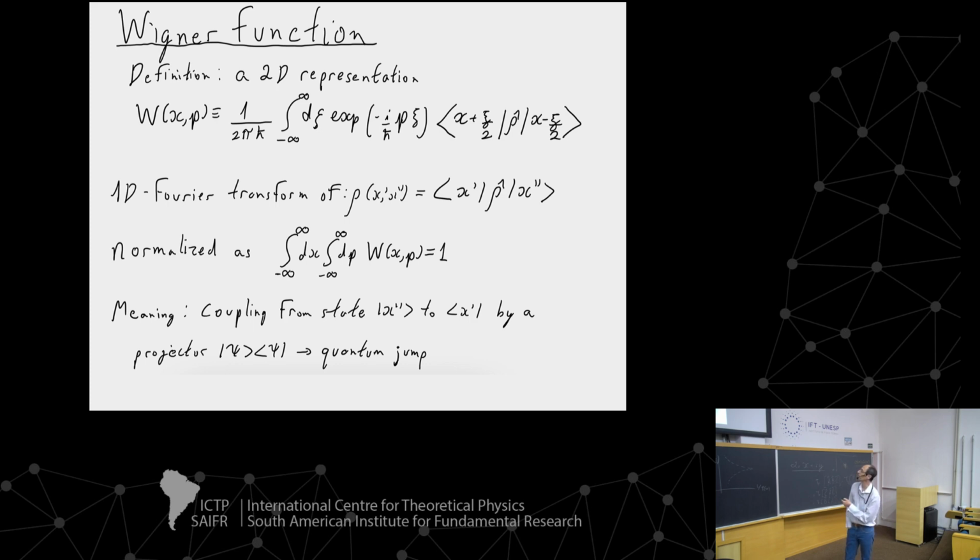So you have the coupling of the state x2 prime into the x prime by your density operator. This function has this weighting factor to be normalized to 1. So we have a projector of your state here, making the quantum jump from this state into this state. So it would be the strength of a coupling.